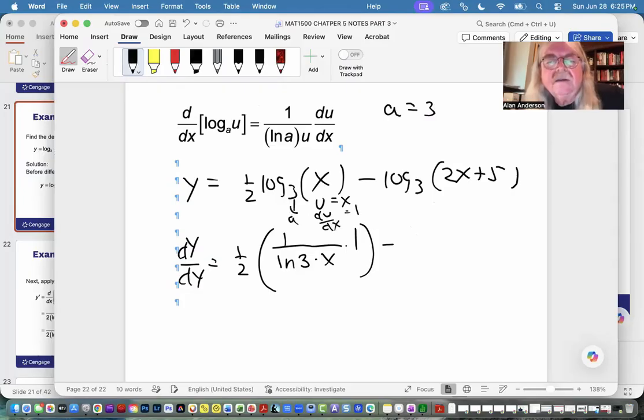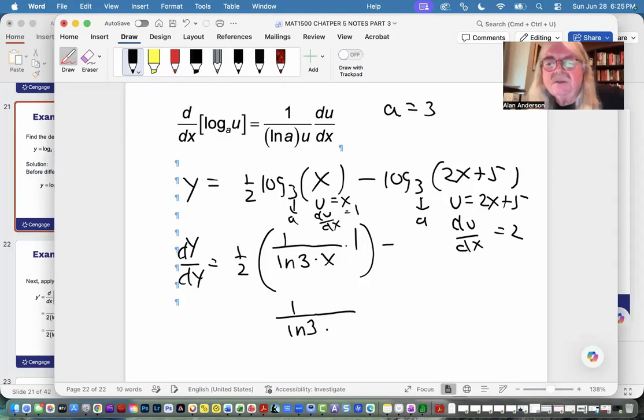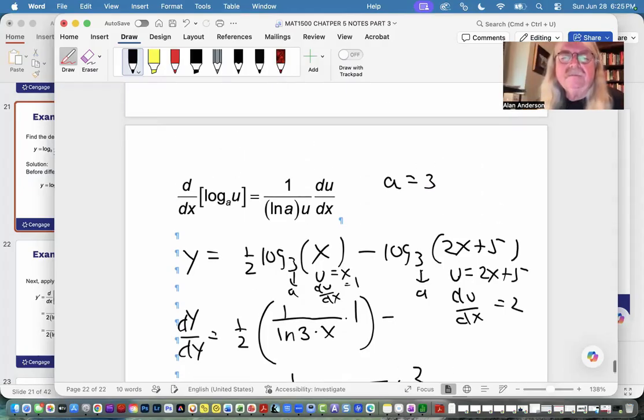This is a, this is a. So the second term, which I have to move down here now, is 1 over log 3 times u, which is this 2x plus 5, times du dx, which is actually 2 in this case.